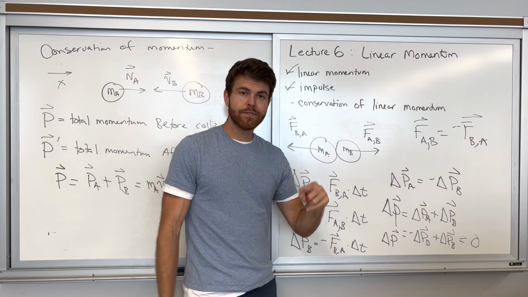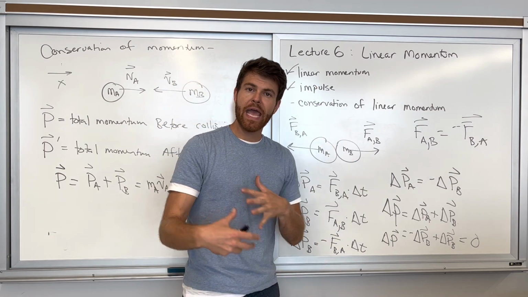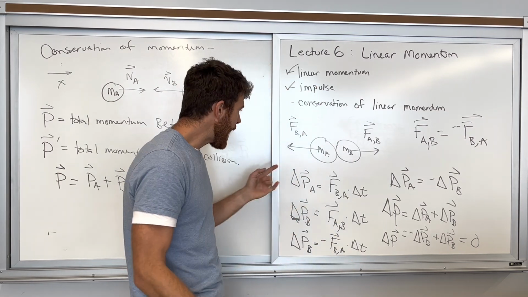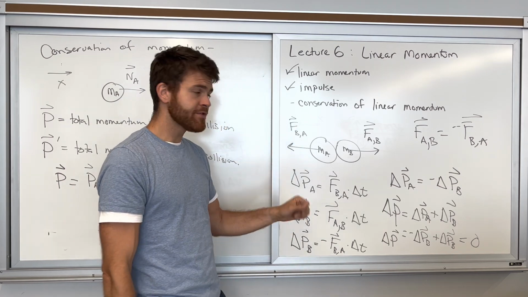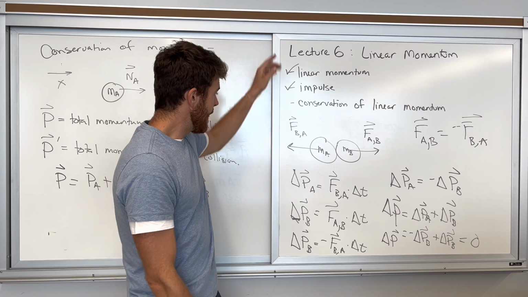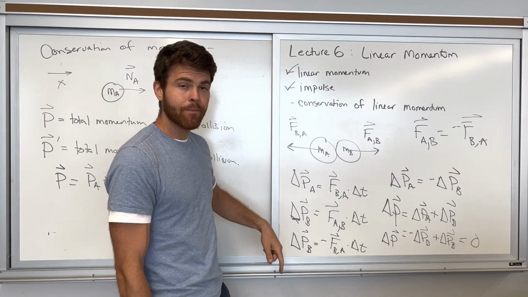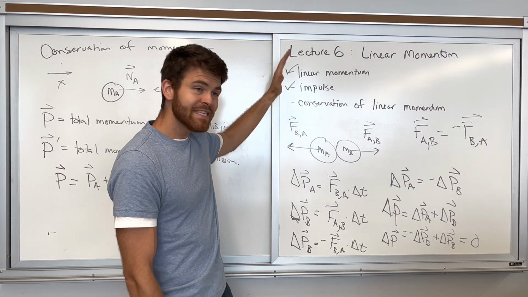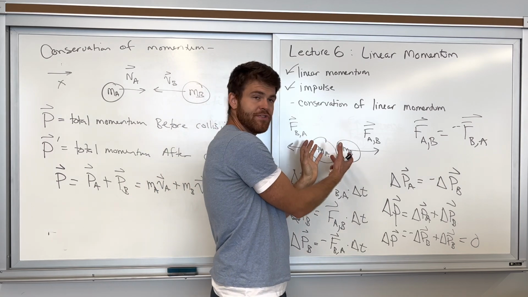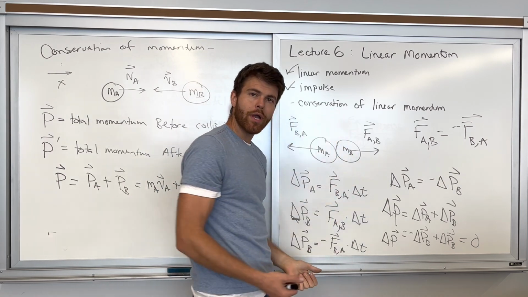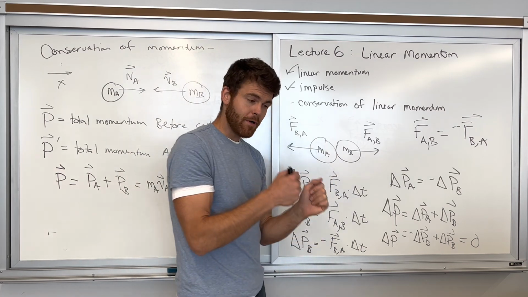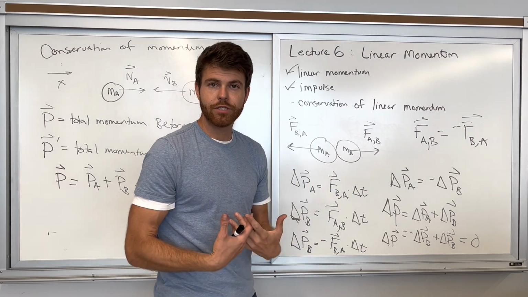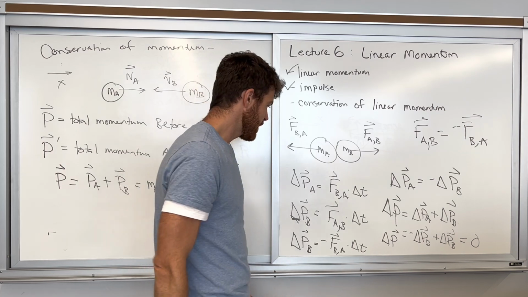It's only whenever forces outside the system, external to the system, act on it that the total momentum of the system changes. So if I would take my finger and push ball A, then my finger, that's an external force. That's outside the system of ball A and ball B. That's going to change the momentum. Right? Whereas if we just look at the system of ball A and ball B, the momentum is not going to change. It's going to be conserved.